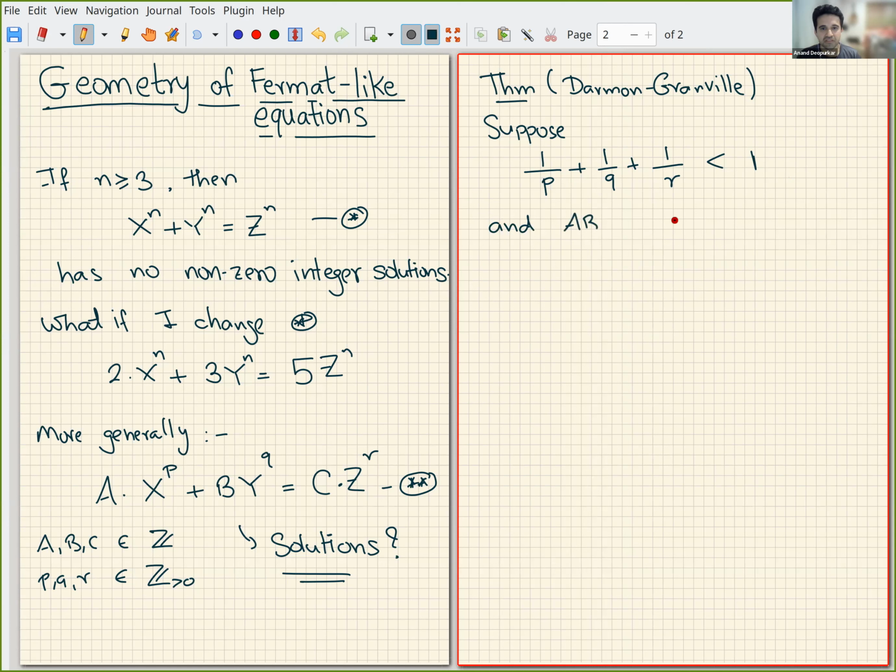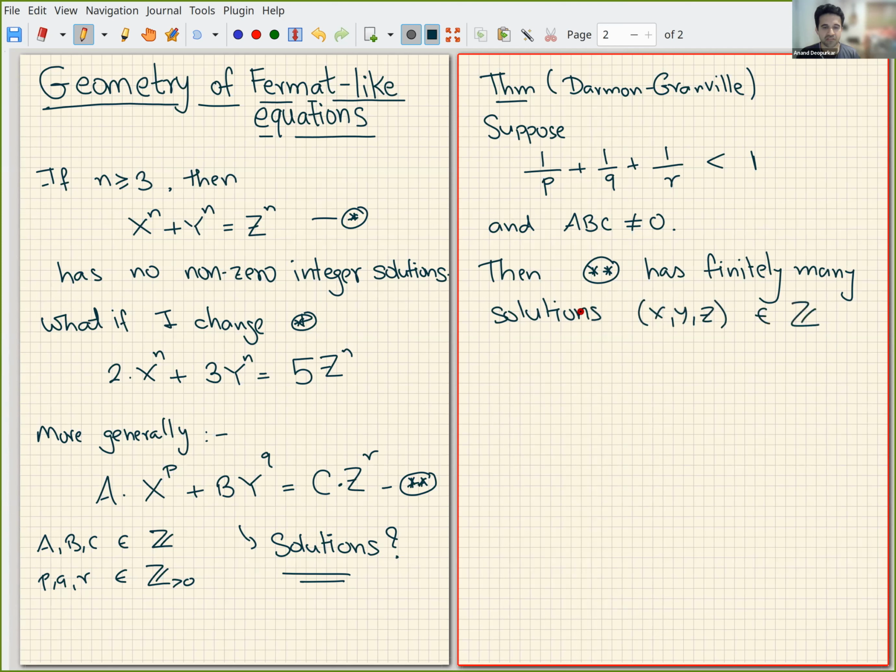So the coefficients are non-zero, and the exponents satisfy this inequality. Then star star, this equation here, has only finitely many integral solutions, solutions x, y, z in integers.